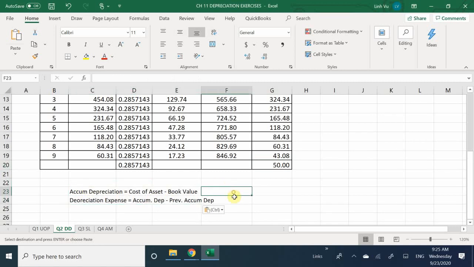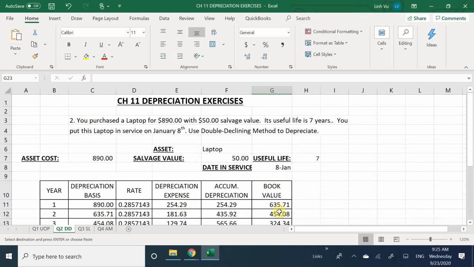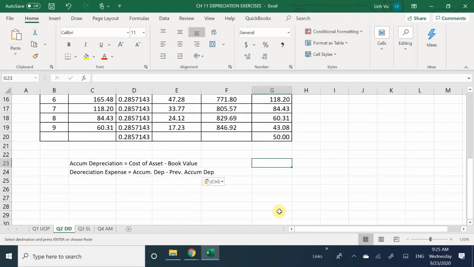So in this case, how much is going to be my accumulated depreciation for year number 9? We're going to take our asset cost, which was $890, and we're going to subtract my salvage value of $50. Okay, and what do I get here?